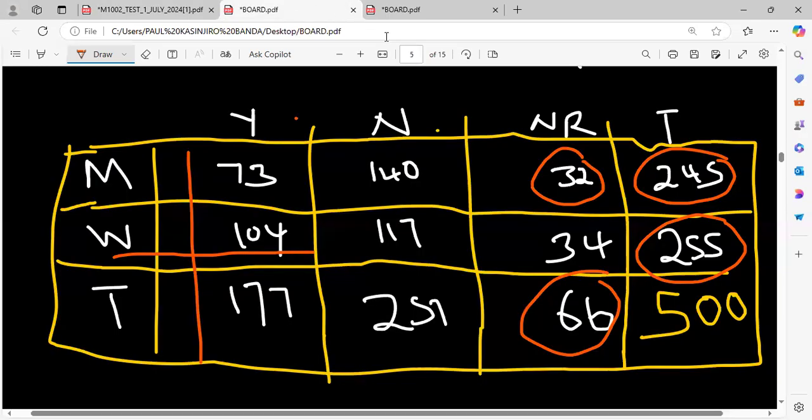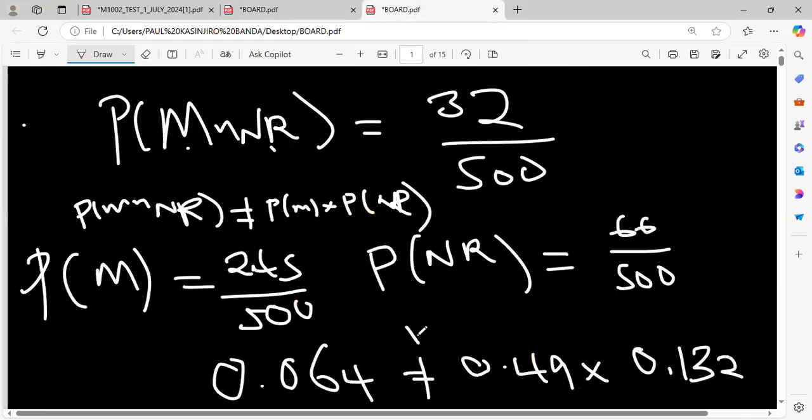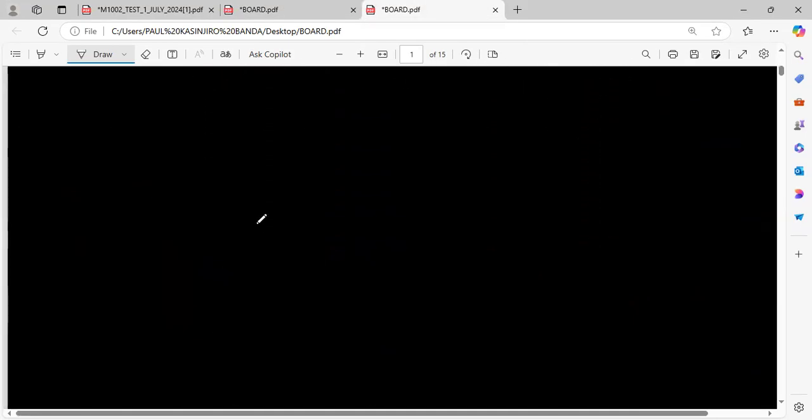So if you go back to this table here, can we find anywhere where the yes and the no are intersecting? You can't find anywhere. Since their intersection is an empty set, or it's 0, we can conclude that they are mutually exclusive.